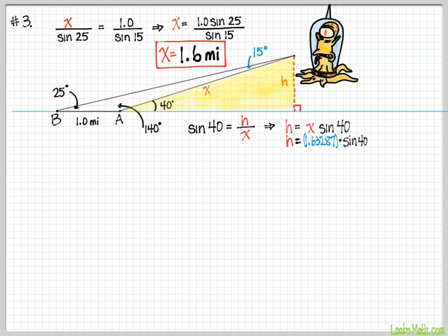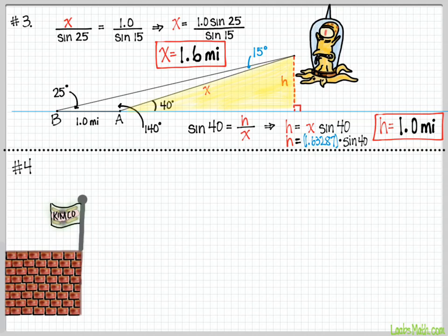We need to plug in more decimal digits of that length. So we're plugging in 1.632887. You could plug in even more if you'd like. And we get that the height is approximately 1.04959, which rounds to one decimal place to just 1 mile. We know that it's actually a little bit more than a mile, but it rounds to 1.0 miles.